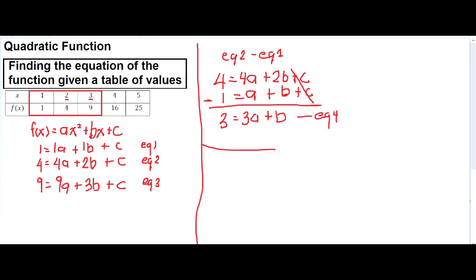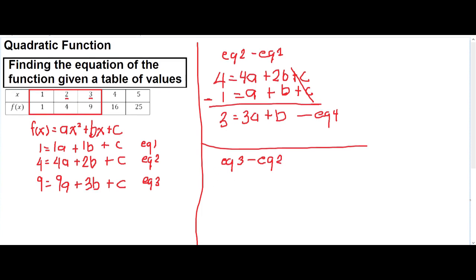Equation 5 pa. Paano yung equation 5? Kunin mo naman sa equation 3, isubtract mo siya kay equation 2. Now, substitute. You have the equation 3 is equal to 9a plus 3b plus c. Wherein your equation 2 is 4 is equal to 4a plus 2b plus c.